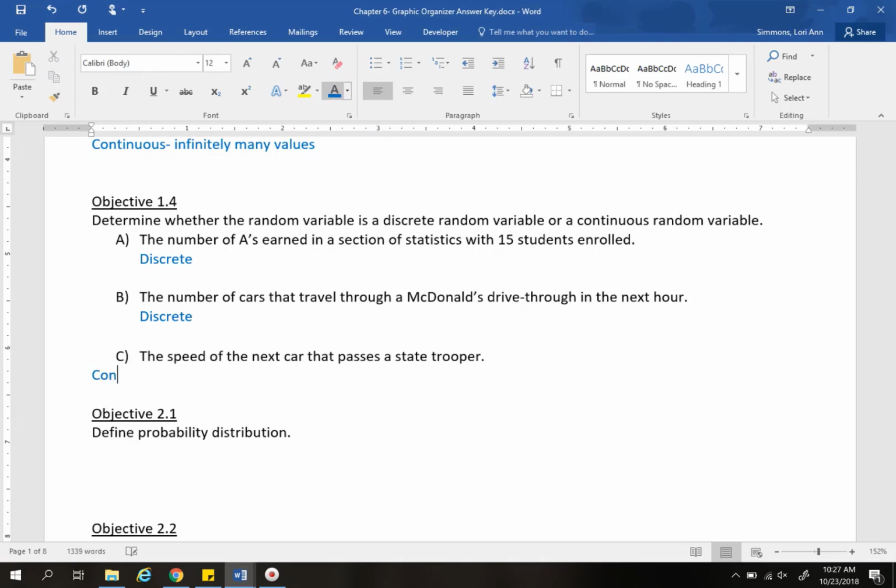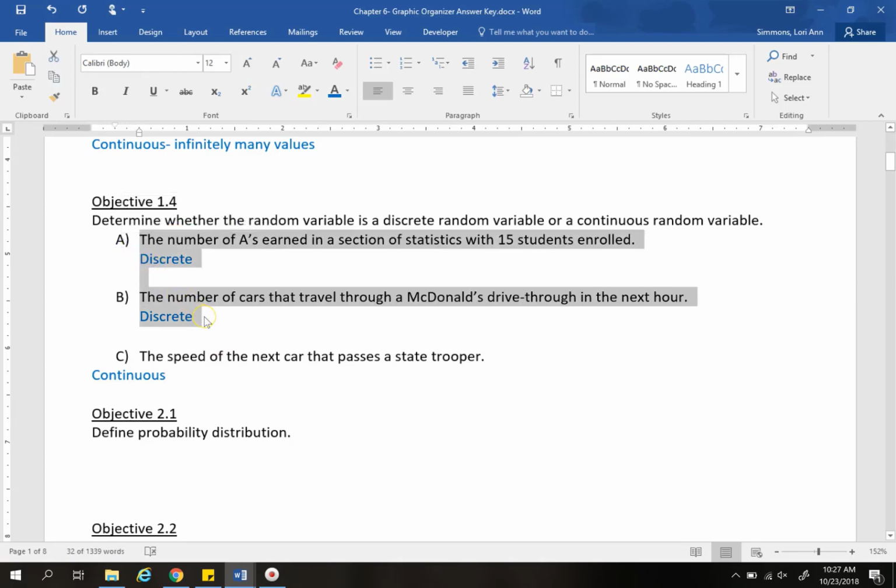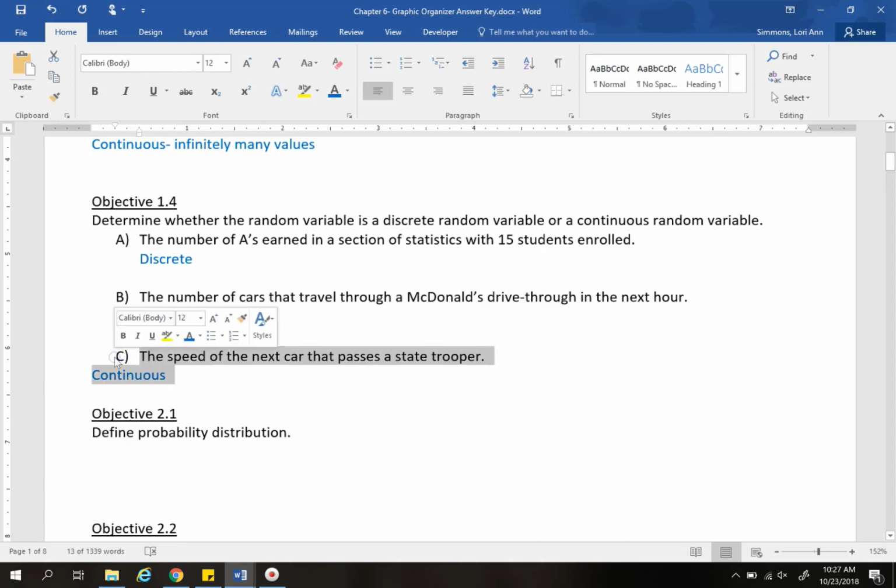This is continuous, right? Because we could be going 60.2 miles per hour. We can't say we just go 1 mile per hour or 2 miles per hour or 3 miles per hour. We can go somewhere in between. So like I said previously, we're going to focus on discrete for chapter 6, and then continuous variables are going to be covered in chapter 7.